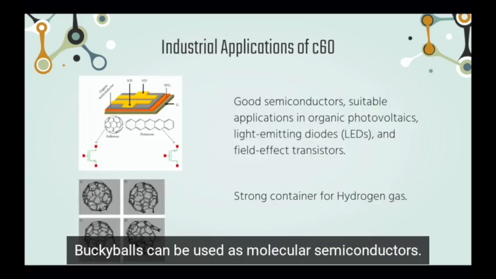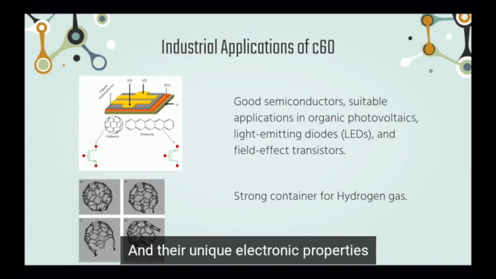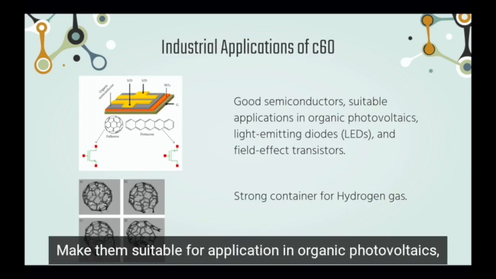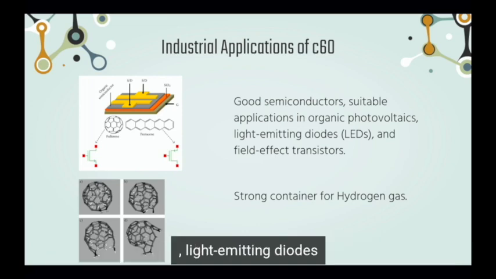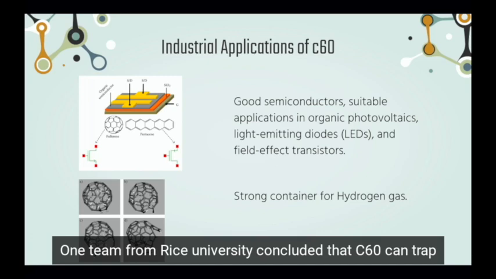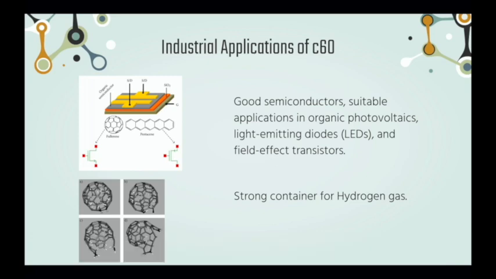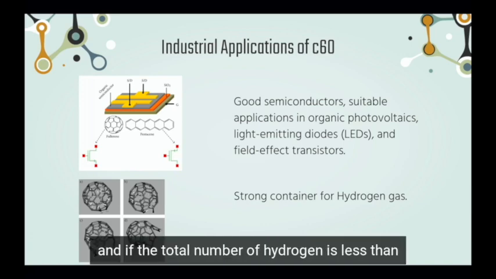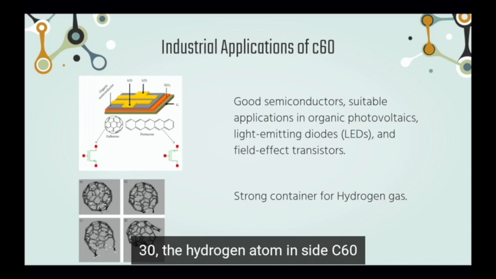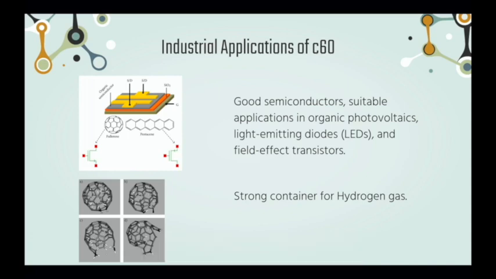Buckyballs can be used as molecular semiconductors, and their unique electronic properties make them suitable for application in organic photovoltaics and light-emitting diodes. One team from Rice University concluded that carbon-60 can trap up to 58 hydrogen atoms, and if the total number of hydrogen is less than 30, the hydrogen inside the carbon-60 can only exist as hydrogen gas.